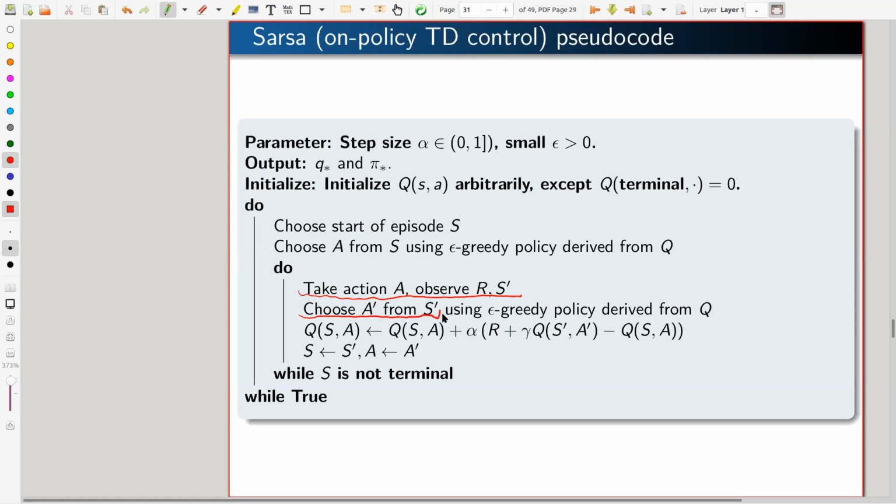If I'm evaluating one policy, then the policy is fixed and I don't have to specify it. But if I'm making the control part, I need to specify which policy I'm using. And in this case, I'm using the epsilon greedy policy given from Q. So A prime is from epsilon greedy.